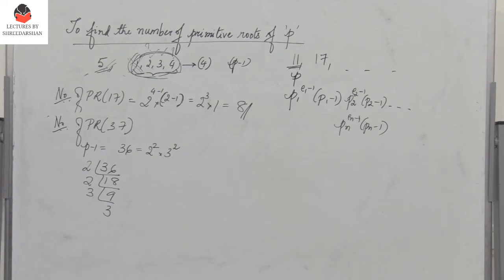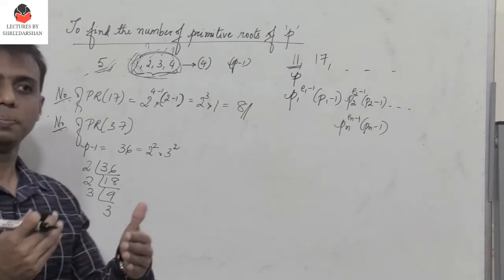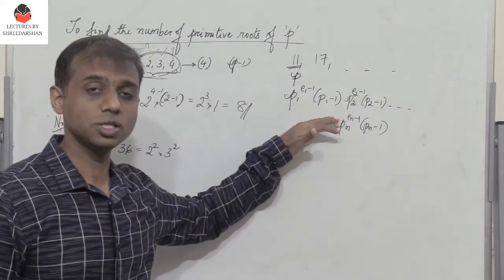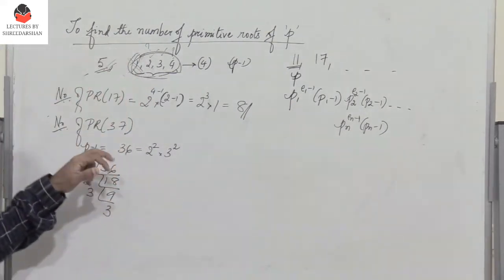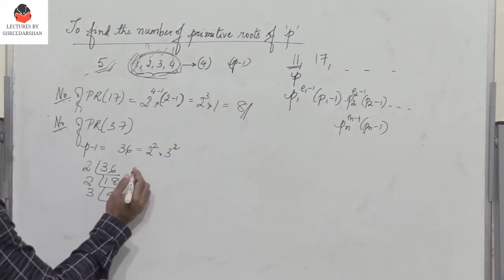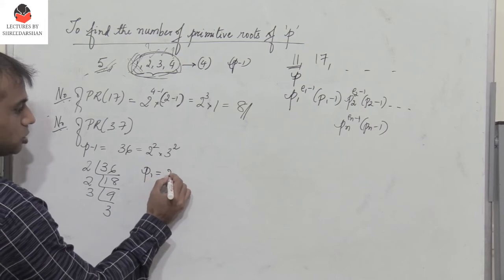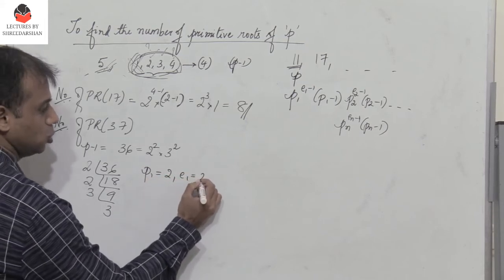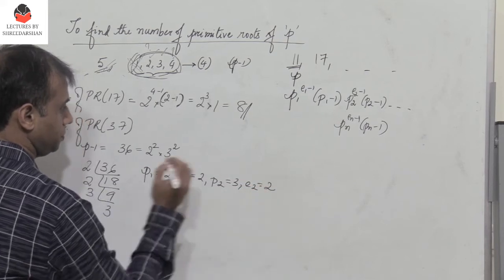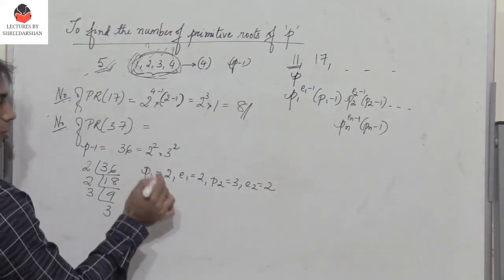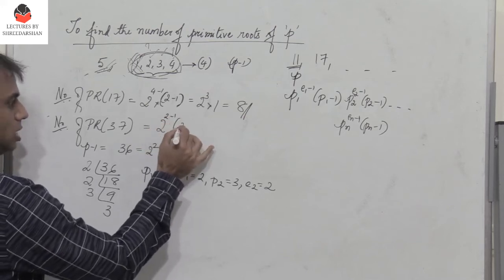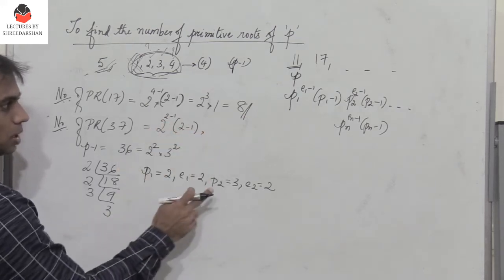Right? So every time we have to express P minus 1 as a product of prime powers and use this expression, and that will give us how many primitive roots there are for the given prime number P. So what is P1? P1 is 2, E1 is 2, P2 is 3 and E2 is 2. So this is equal to 2 power 2 minus 1 into 2 minus 1 into, what is P2?